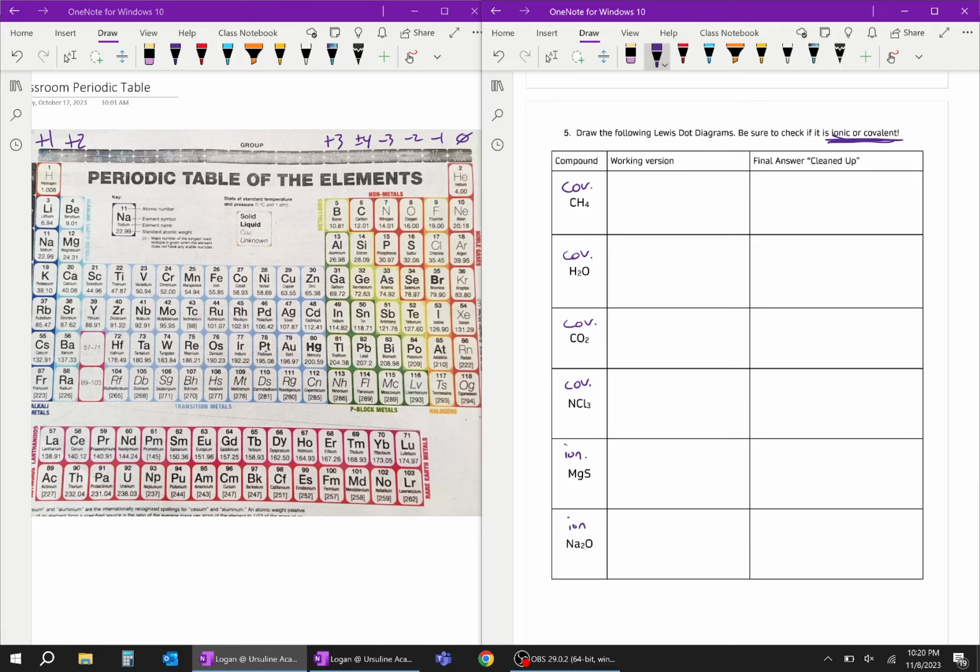So remember, ionic Lewis dot structures involve ions in brackets. Covalent Lewis dot structures have the dots and dashes, the bars that show us bonds. So how do I work this out? Carbon has, right here, 4 valence electrons. 1, 2, 3, 4. The formula tells me that I need 4 hydrogens.